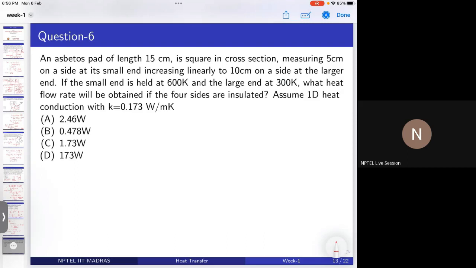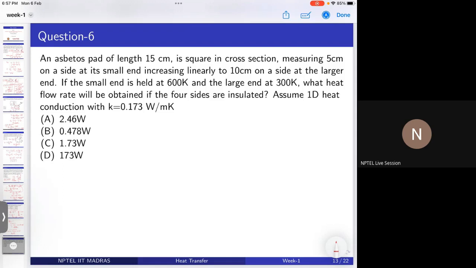This is a little bit you have to think and do. I will give you some time, some 5 minutes for you to solve. After that, I will start solving. The one thing you have to consider here is that the area is not constant. The area is varying from one side to another, so you have to consider that concept.